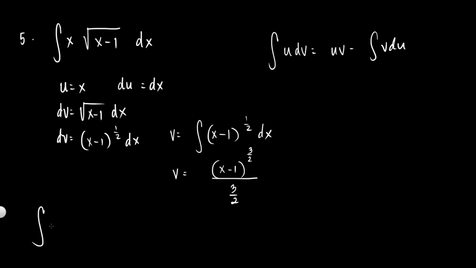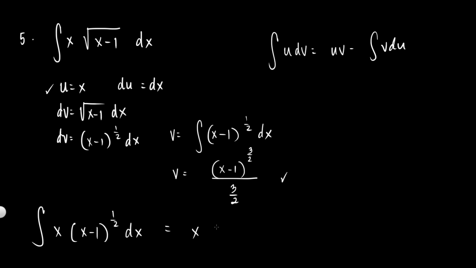So, the integral of u dv is x times, let's write it as x minus 1 raised to 1/2 dx equals u. U is x. V is this. We take out the 2.